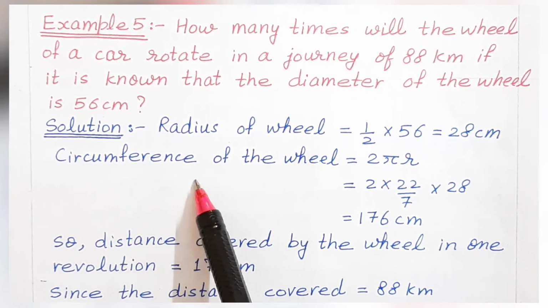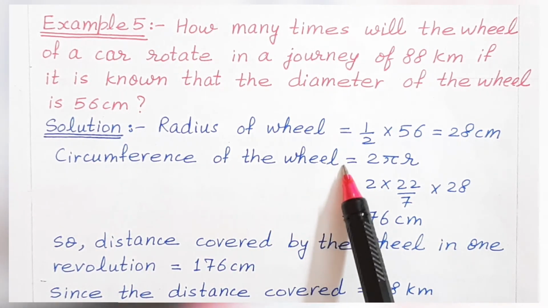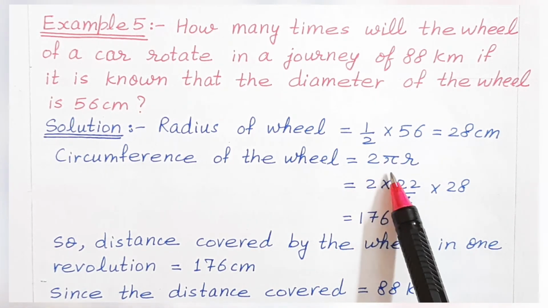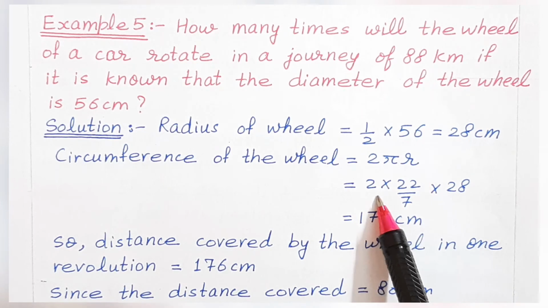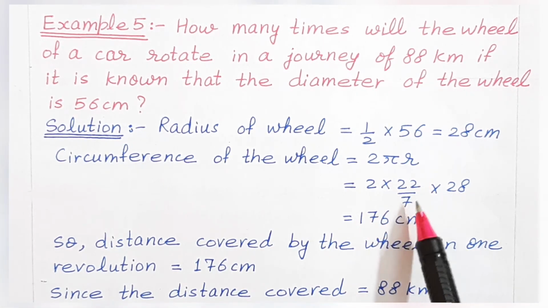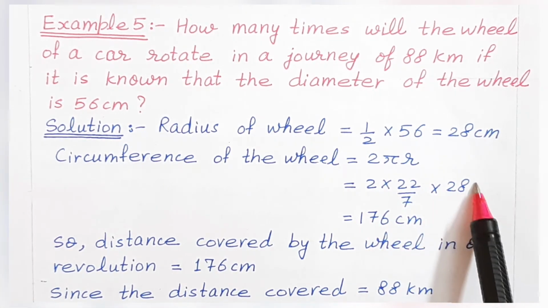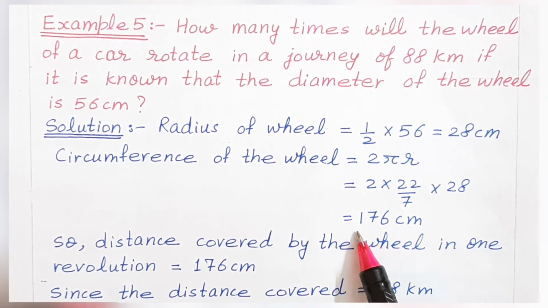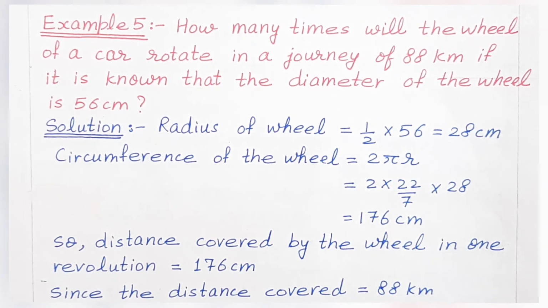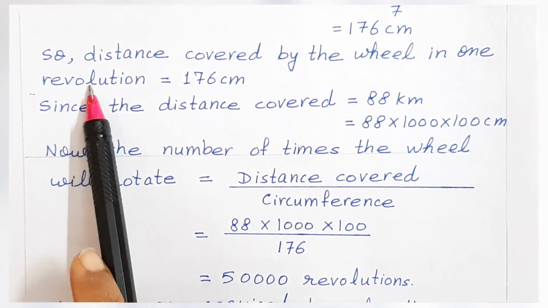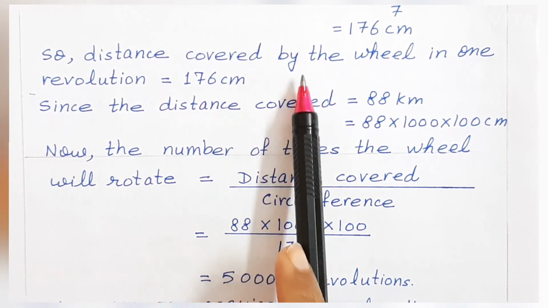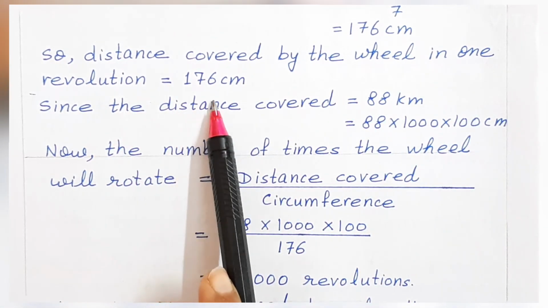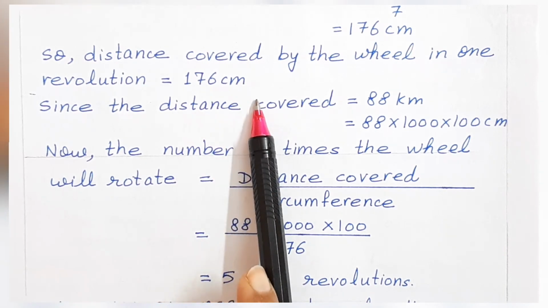Now the circumference of the wheel, the wheel is in the shape of a circle. So it is 2 pi r, that is 2 into 22 upon 7 into 28. So that is equal to 176 centimeter. So the distance covered by the wheel in one revolution is 176 centimeter.